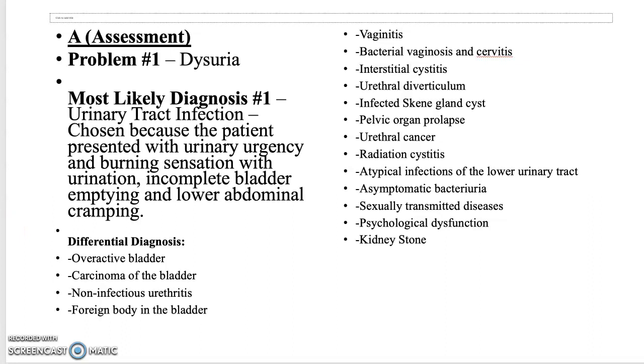I would not recommend writing this exhaustive of a differential diagnosis list, even though if you looked in a textbook, you could easily find this many differentials for dysuria, being a problem that can occur with a lot of different things. However, in your plan, you would need to document follow-up to rule in or rule out every single one of these differential diagnoses, and that would lead to a lot of invasive and expensive testing for a pretty straightforward problem.